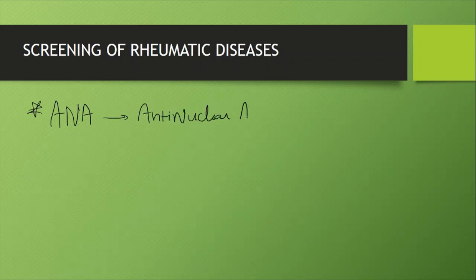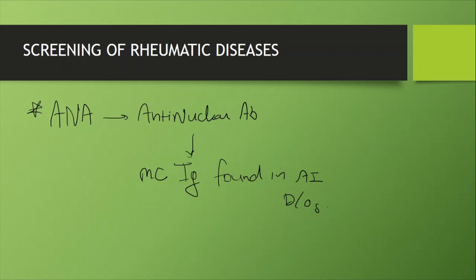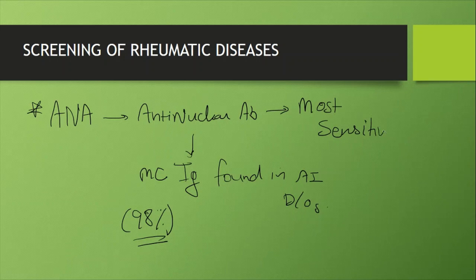This is in fact the most common immunoglobulin found in autoimmune disorders. Remember, in more than 98% of autoimmune disorders, anti-nuclear antibody is found. So we can conclude that ANA is the most sensitive antibody also.